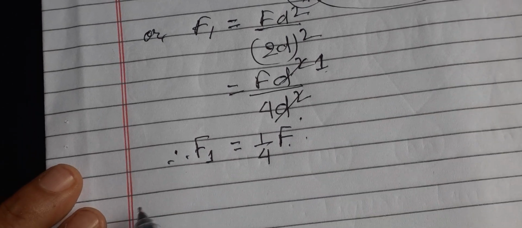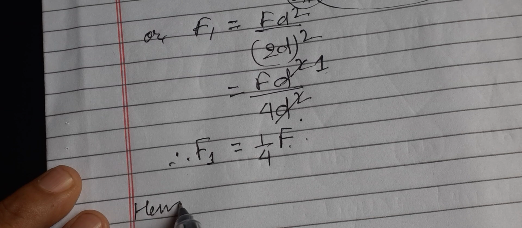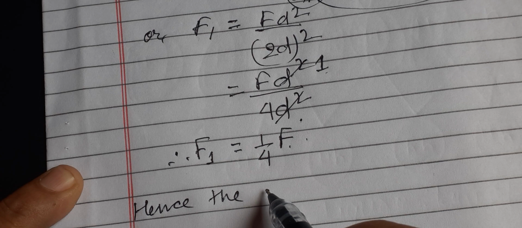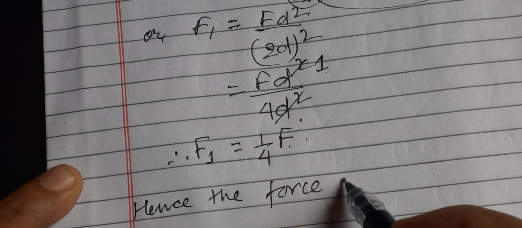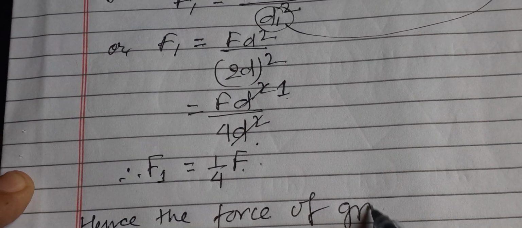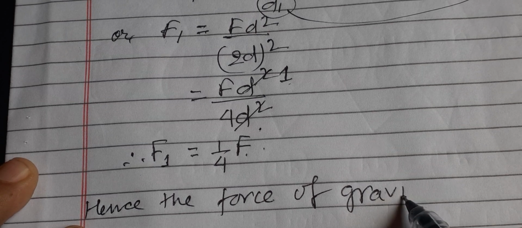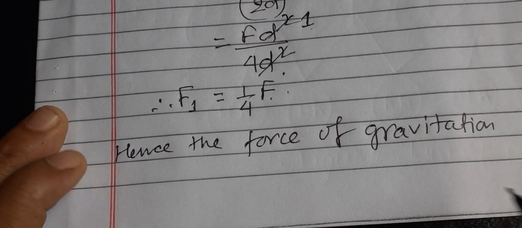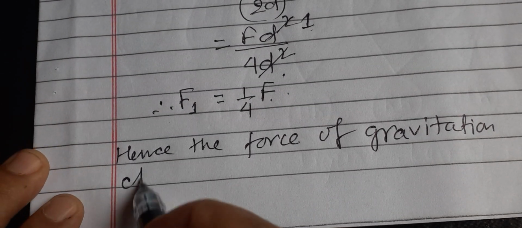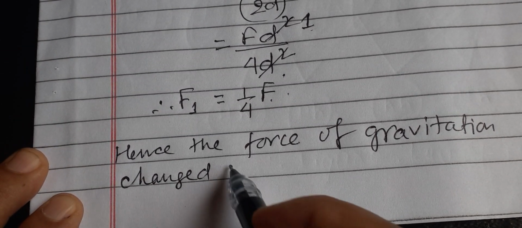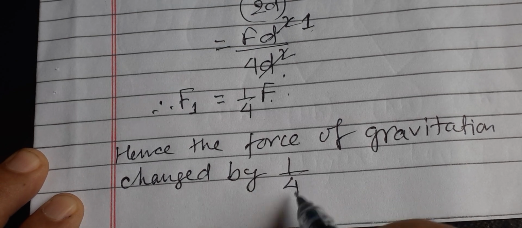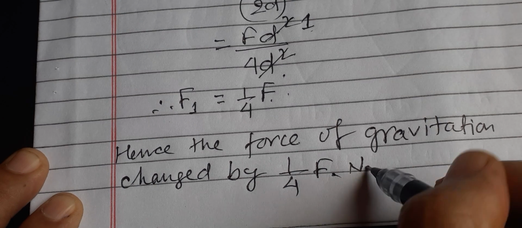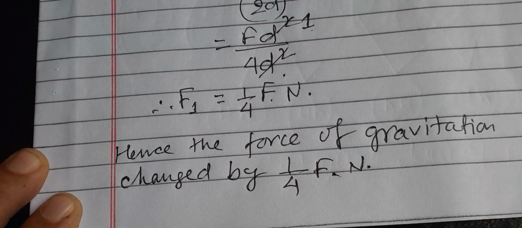Hence the conclusion is, the force of gravitation is changed by 1 by 4 times of F. You can write the unit Newton.